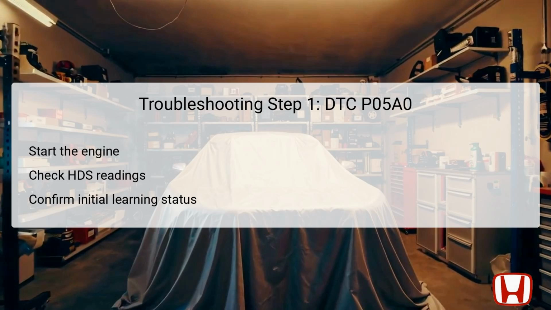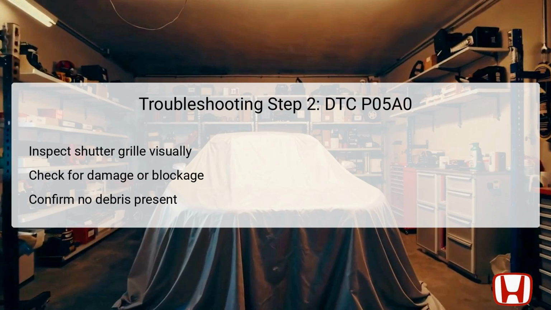If an error is present or the initial learning indicates not completed, this confirms that the problem has been replicated and further diagnostic steps are necessary. Identifying these initial conditions lays the groundwork for targeted inspections and repairs that will follow.